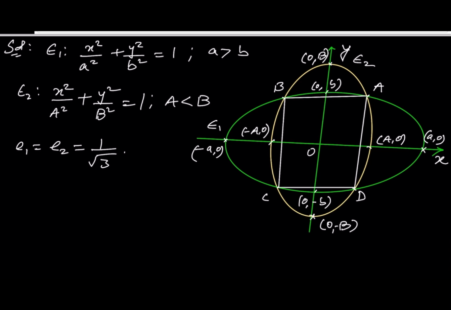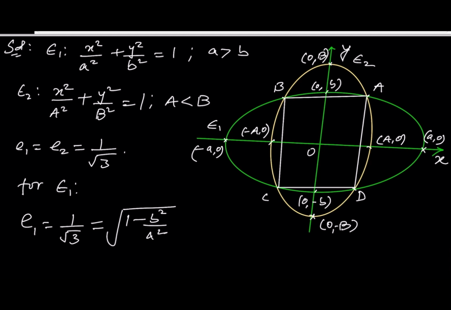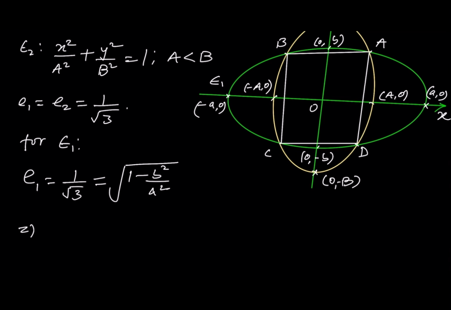Now for ellipse 1, e1 is 1 by root 3, which is equal to root over 1 minus b square by a square, right? So it is nothing but 1 by 3 is equal to 1 minus b square by a square.